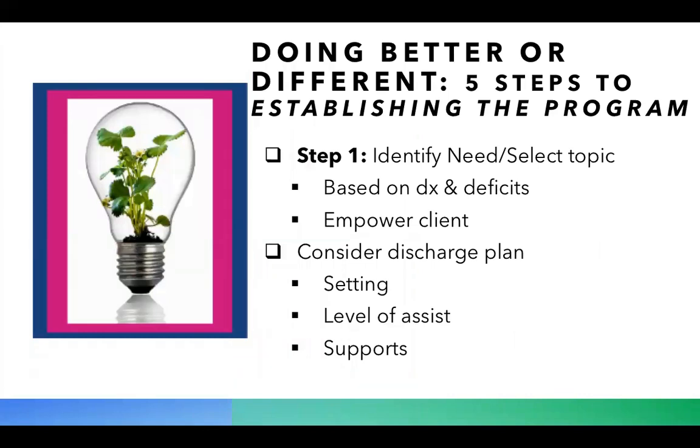For this week, you can think about a client and identify a need that they have right now and a program that you can create that will help support them and empower them to take charge of their own health beyond the time when they're discharged from you or from skilled occupational therapy. So you'll select your topic and you'll think about their diagnosis and deficits that they have now. What are they likely to be experiencing after discharge?